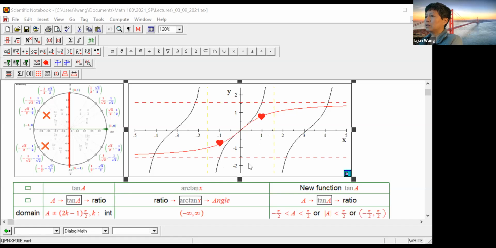Just mark these 2 points. Other points are a little bit difficult to identify. That's on the arctangent. And I'm going to identify 2 stars.